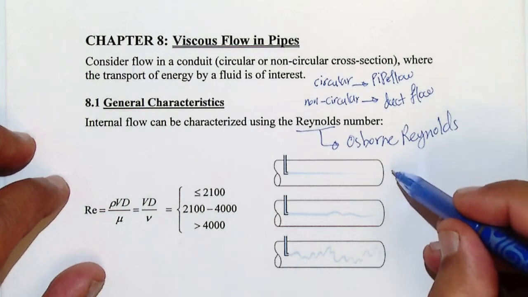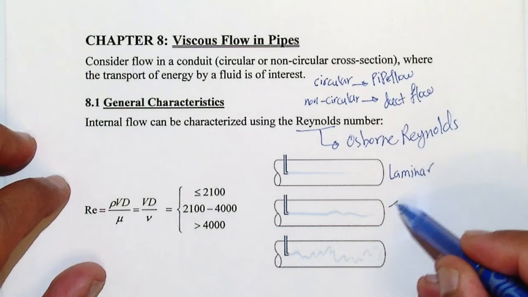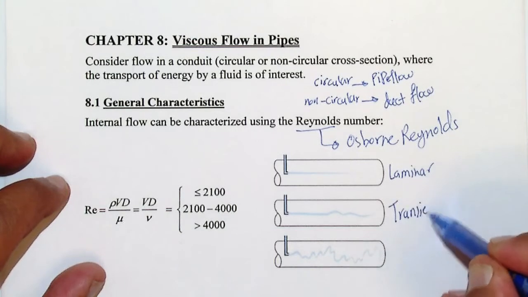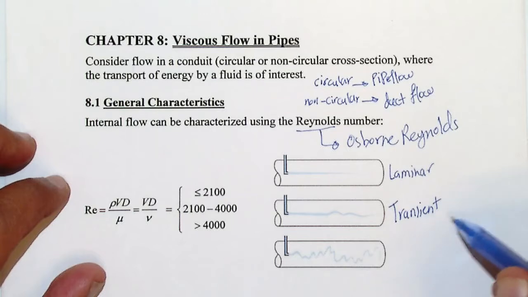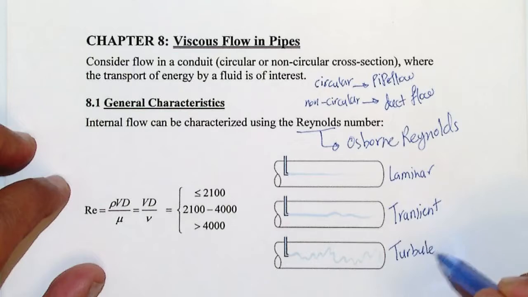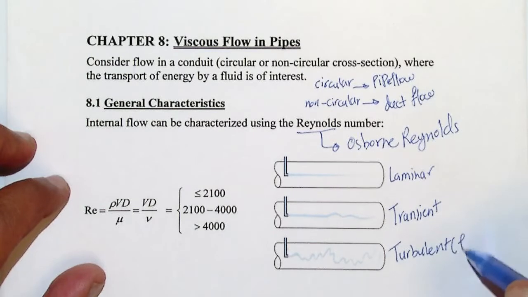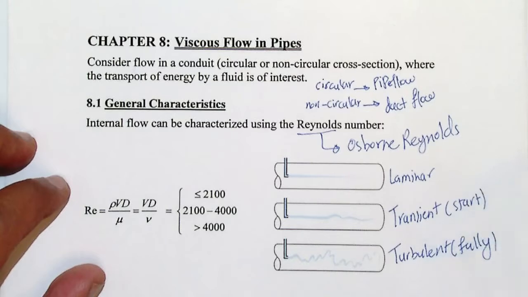So he put a name here as laminar flow, then transient or transitional flow, and finally turbulent flow. That's fully turbulent. It's just the start of the noise.